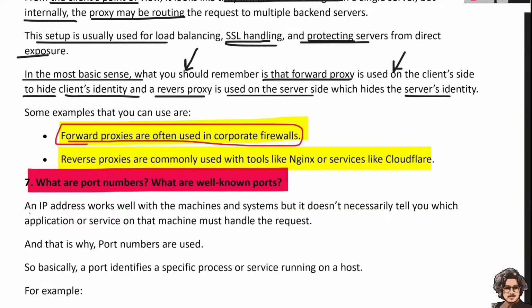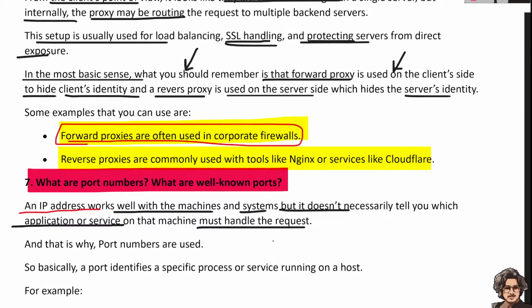First of all, an IP address works with the machine and system, but it does not necessarily tell you which application or service on the machine must handle the request.